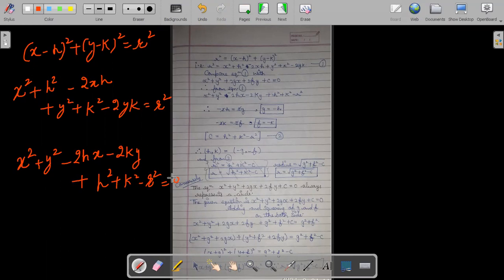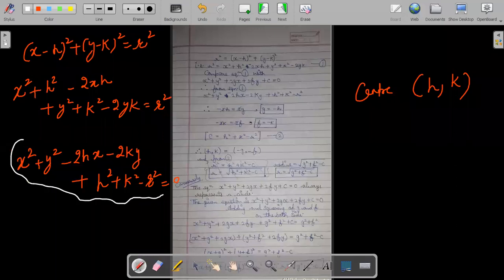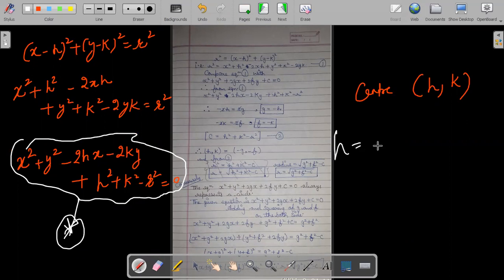Right? Yes. So now you started with a circle, and what was the center of the circle? (h, k). Center of the circle is (h, k). So if you see this equation number 1, if I want h and k, how can I find h? So can I say h is nothing but what?